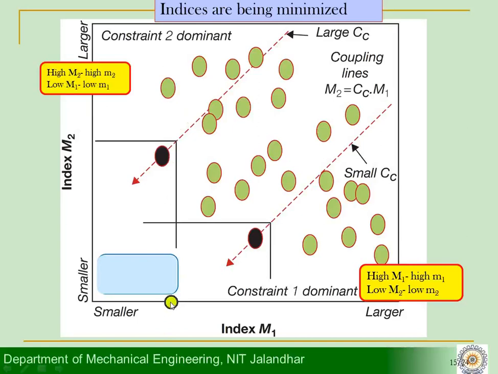And a low value of M1 means that this solution will give you a low value of mass M1. Which one is now the active constraint? We understand that the constraint which gives you a higher value is actually the dominant. That is why we write here that constraint number 2 is dominant. And obviously we already know that this is the location where we find the decreasing M values. The better solution is found this way.